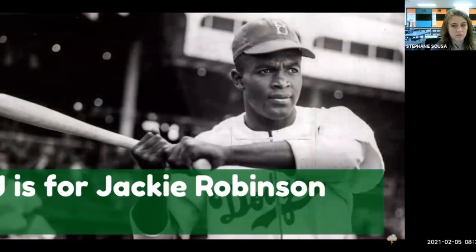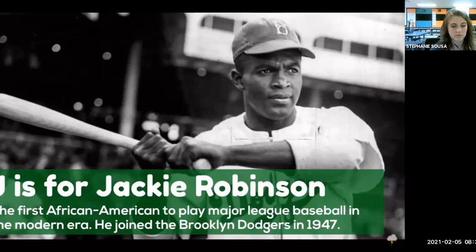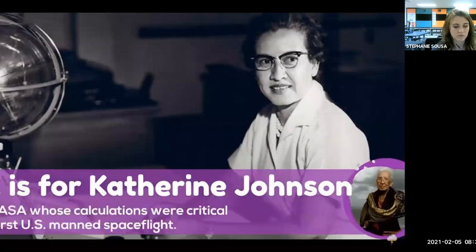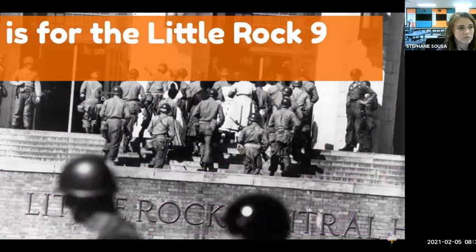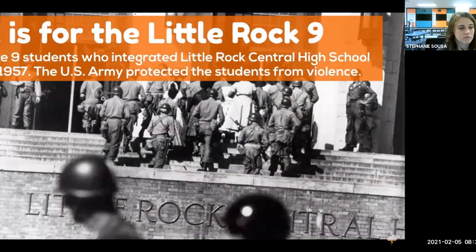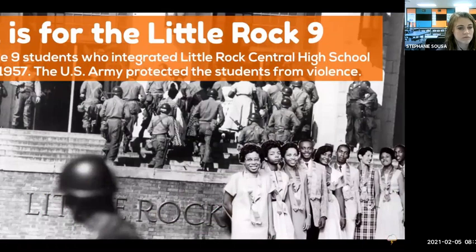J is for Jackie Robinson, the first African American to play Major League Baseball in the modern era. He joined the Brooklyn Dodgers in 1947. K is for Katherine Johnson, a mathematician at NASA whose calculations were critical to the success of the first U.S. manned spaceflight. L is for the Little Rock Nine, the 9 students who integrated Little Rock Central High School in 1957. The U.S. Army protected the students from violence.